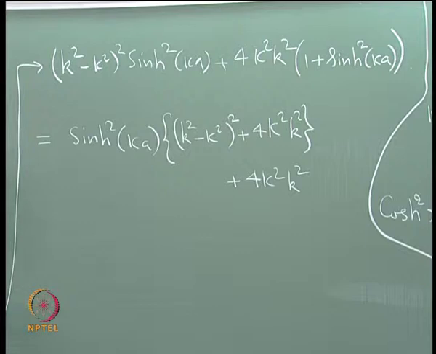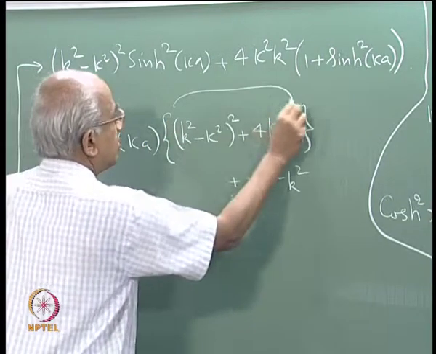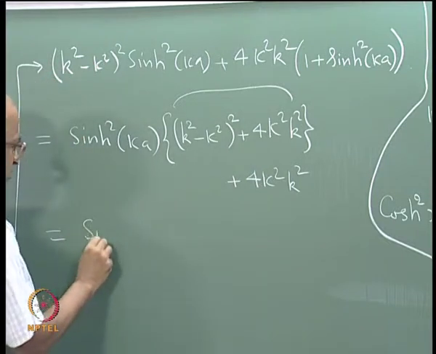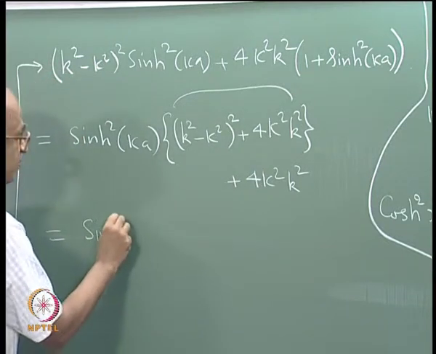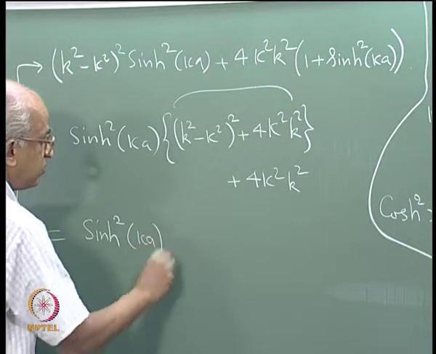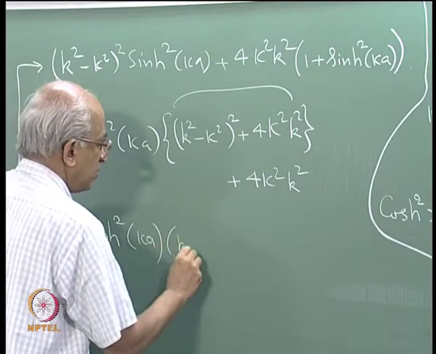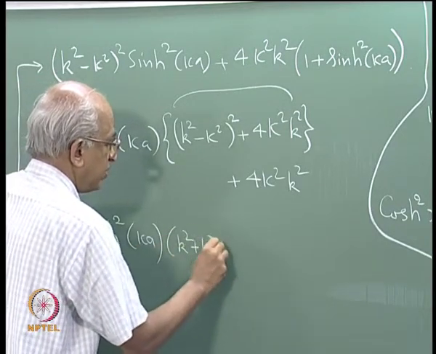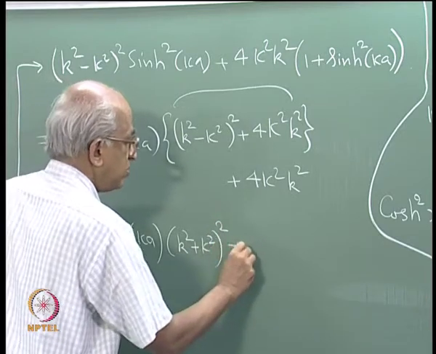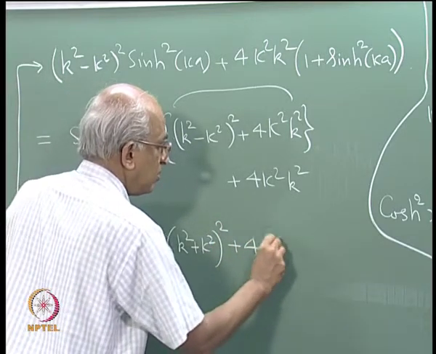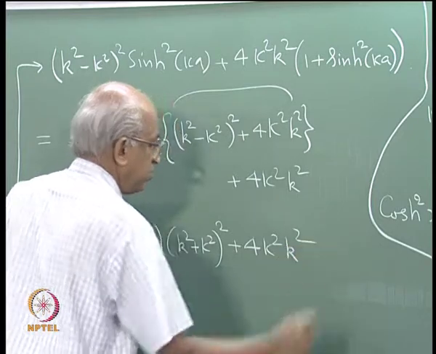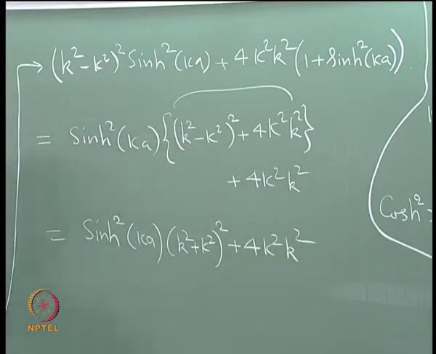And this is nice. Why is it nice? Because I can immediately simplify this part. Let me just write the answer, because it is simple. So, that is the answer.